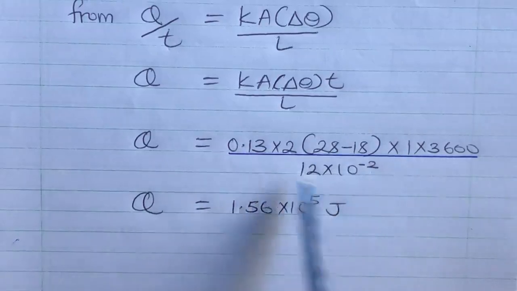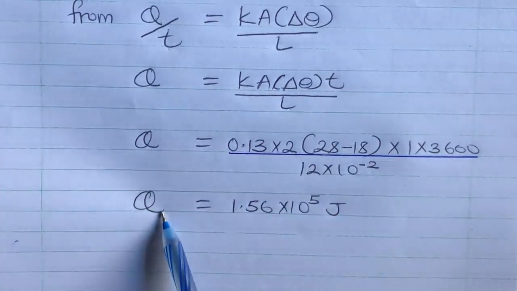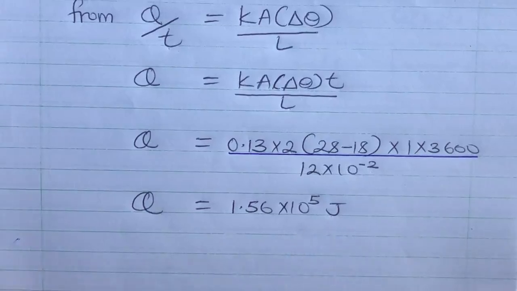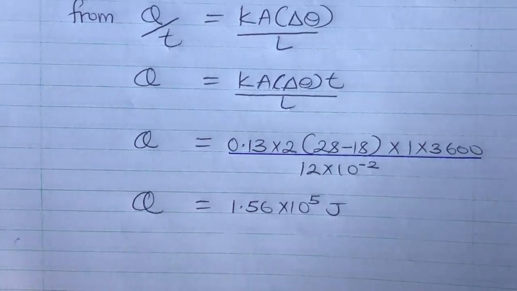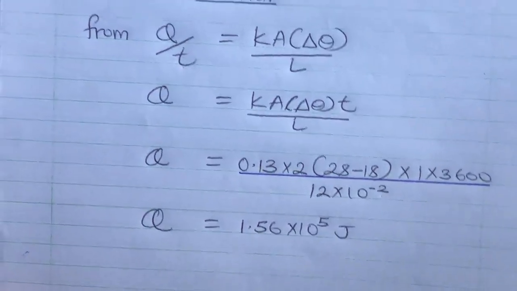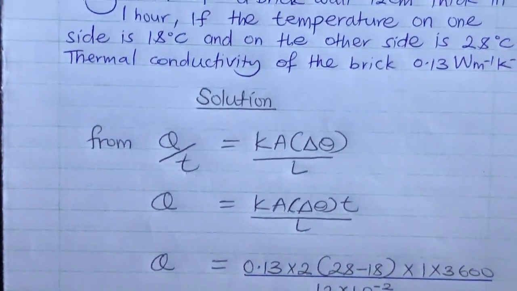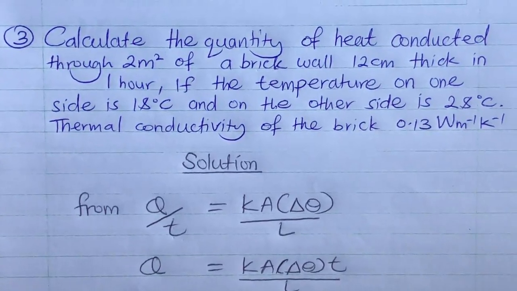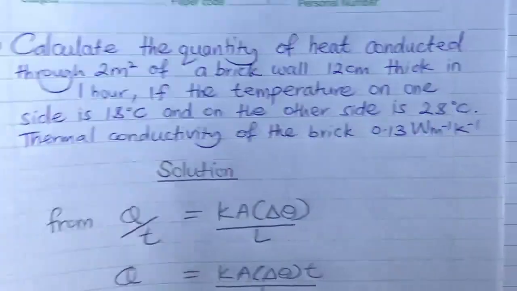Otherwise, when we simplify that, we end up with our heat as 1.56 exponent 5 joules. But it is very paramount for you to always first summarize the information while converting those quantities to their SI units.